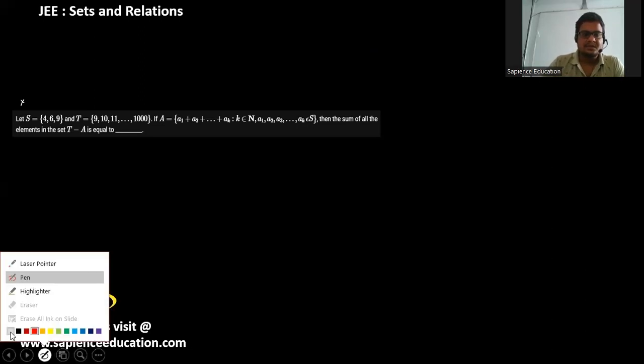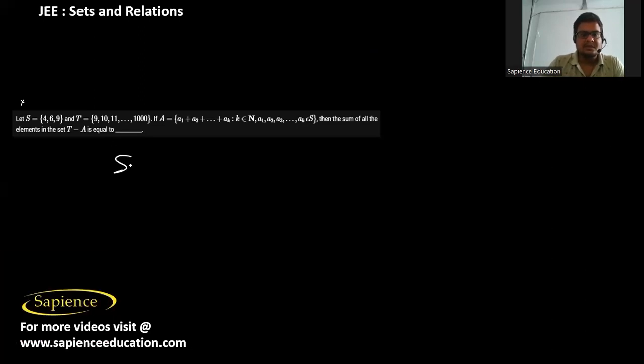So here it is told that S equals the set {4, 6, 9} and T is the set 9, 10, 11 till 1000.